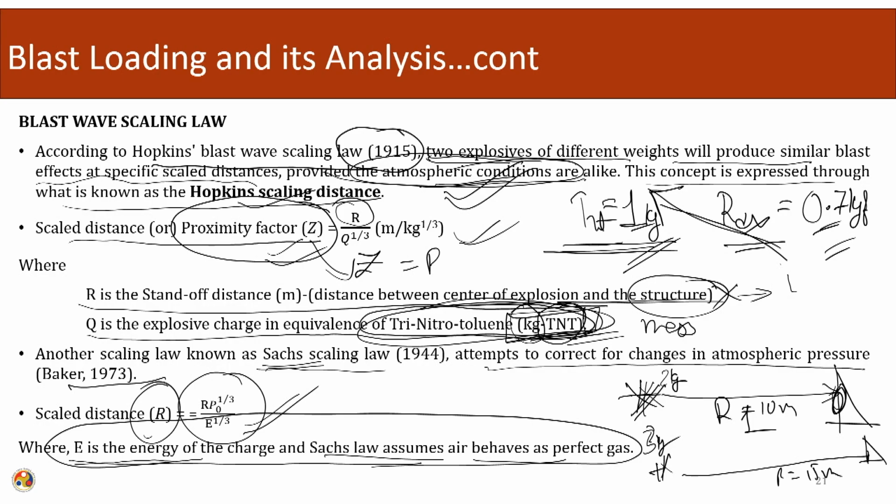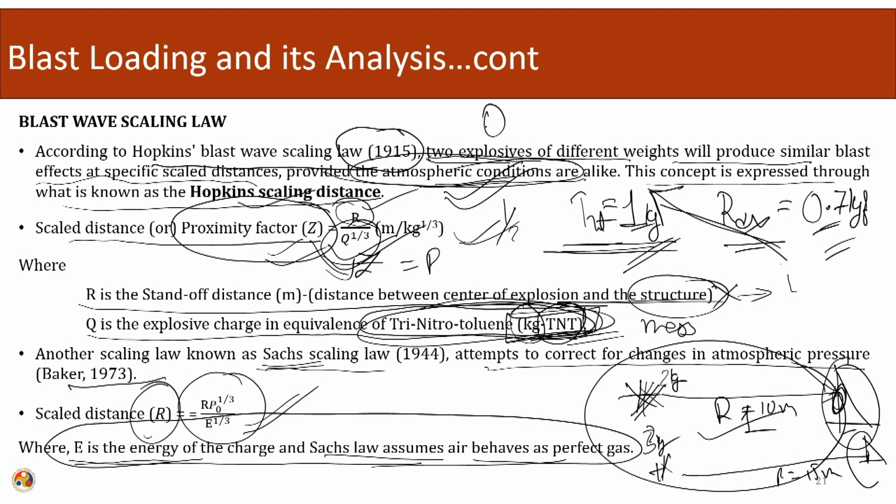If these two effects are the same, then this can be related using what we know as the proximity factor, which is a function of the distance and of the weight. The 1/3 is there because we are dealing in terms of volume.